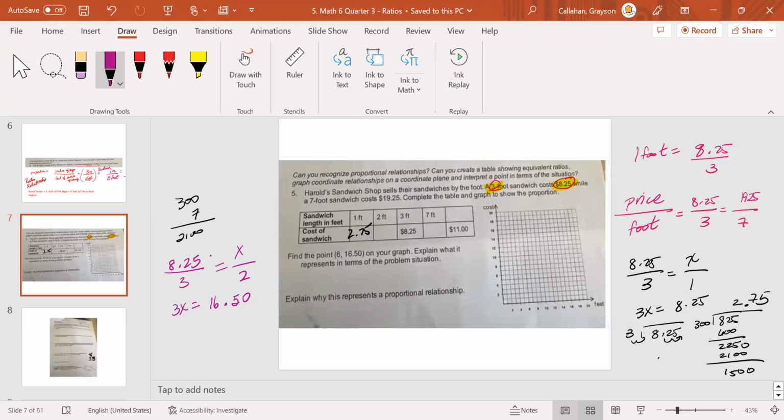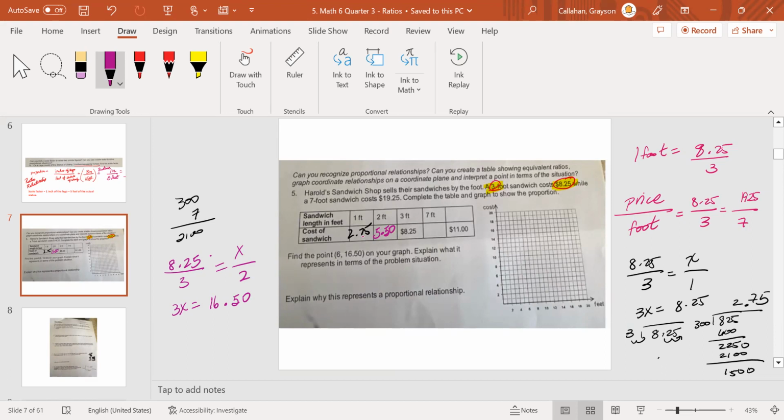Then when you divide it, 1650 divided by 3, and I want you to actually show this when you do it, is $5.50. So that'll be $5.50. Do you see that? Okay.